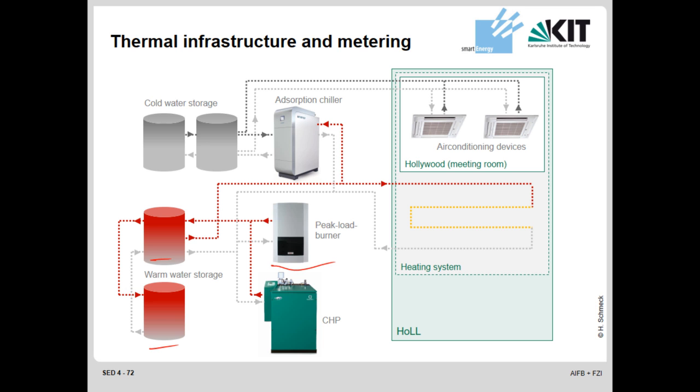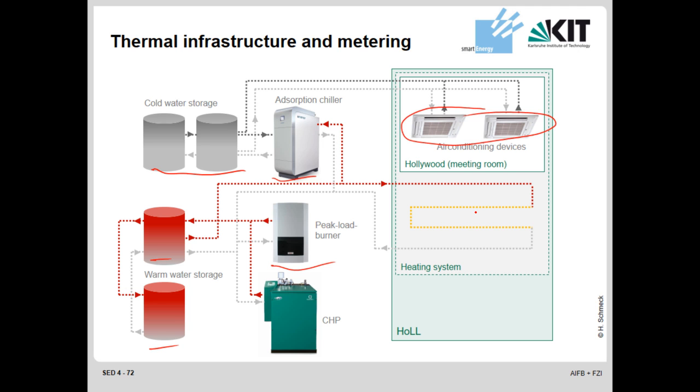And then we also need warm water for the absorption chiller. There it is transformed into cold water, which is stored in the cold water storage. And from there it is sent to the air conditioning devices in our meeting rooms. So there we don't have phase change material, but standard air conditioning systems.